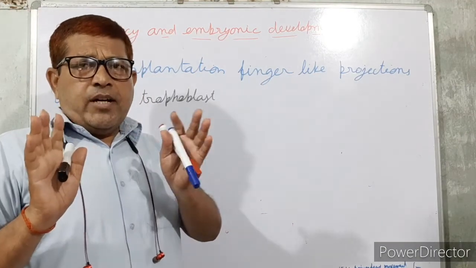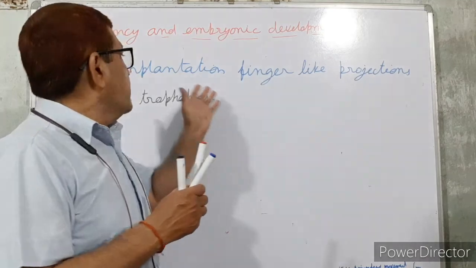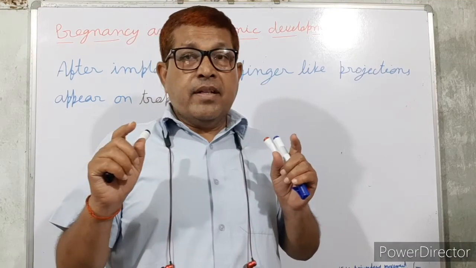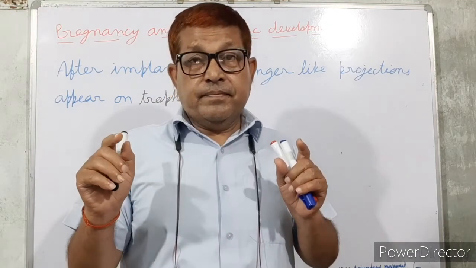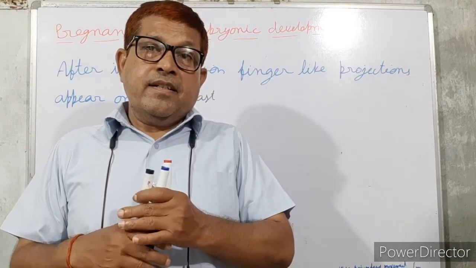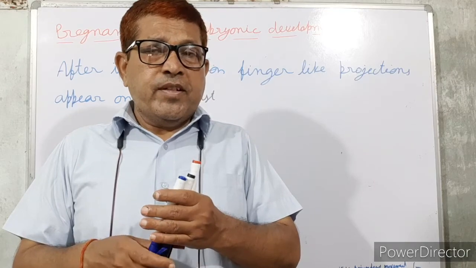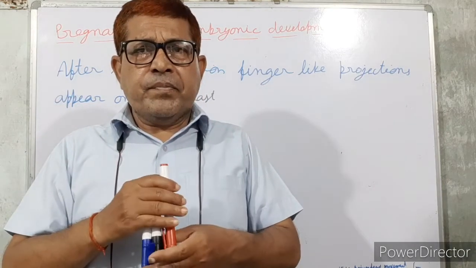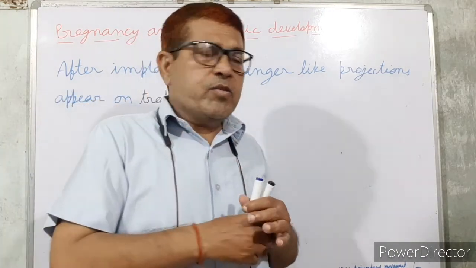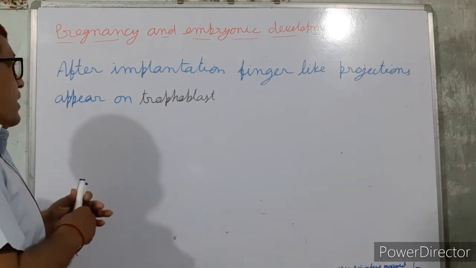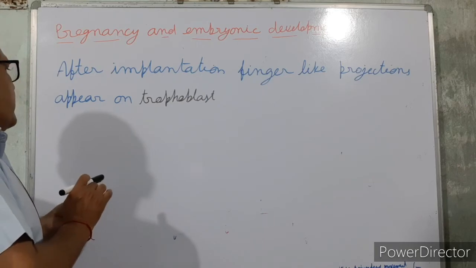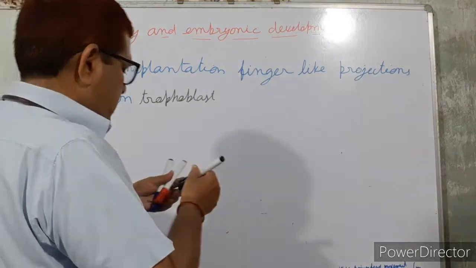This is the outermost layer of the blastocyst. The blastocyst has one outer layer, which is called the trophoblast, and the inner cell mass.